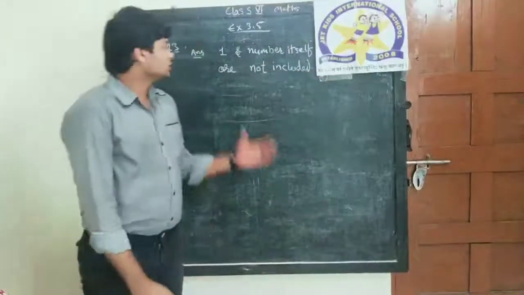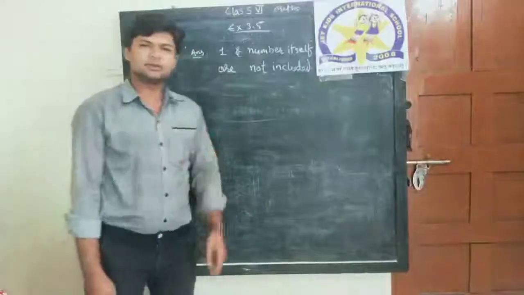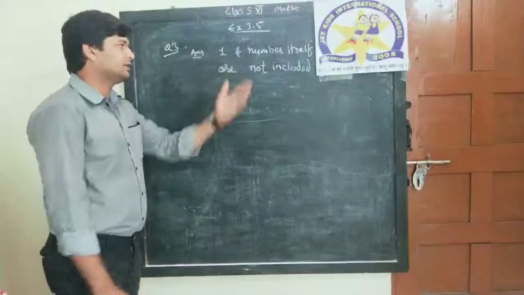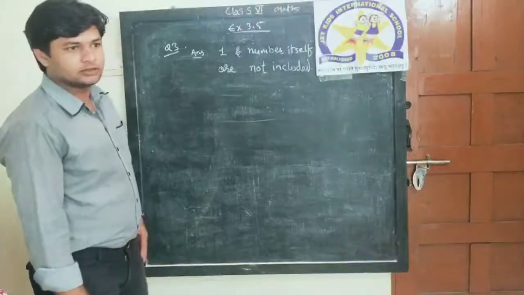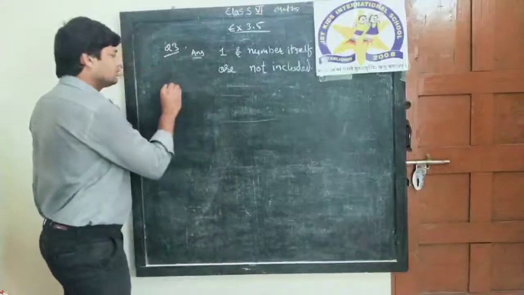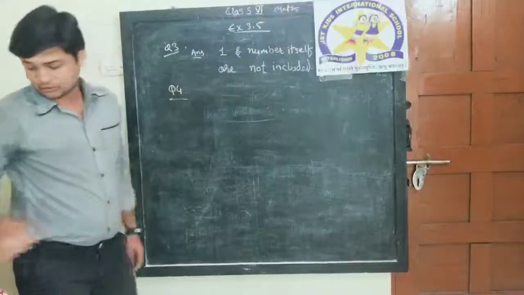Clear? So this is our question number 3. Simple answer. Which numbers are not included in prime factorization? One and the number itself, we cannot take them in our prime factorization. Clear? Next is question number 4.